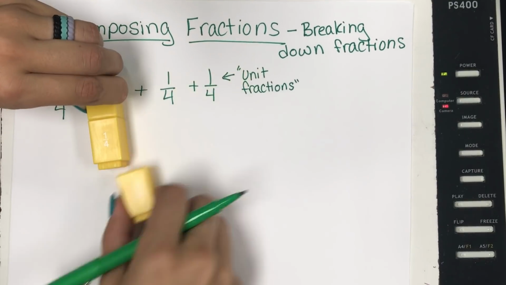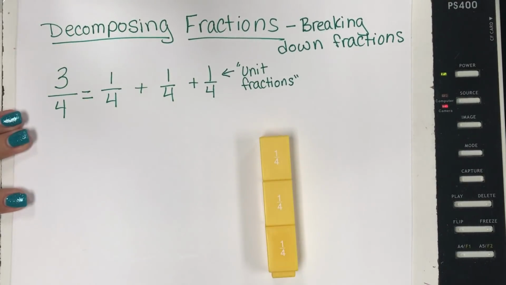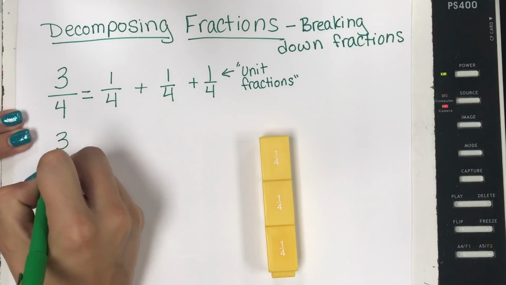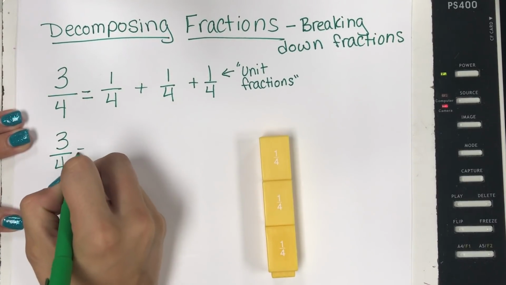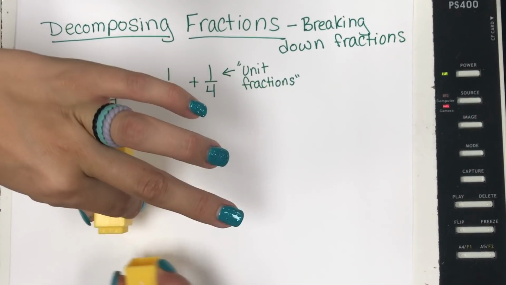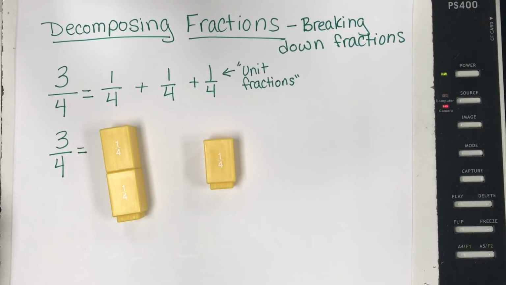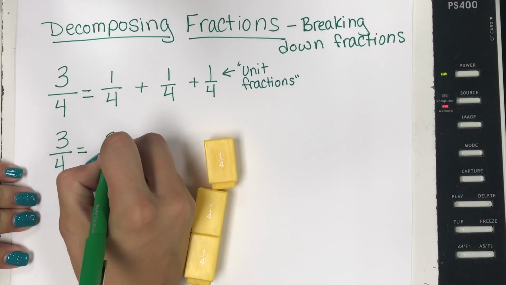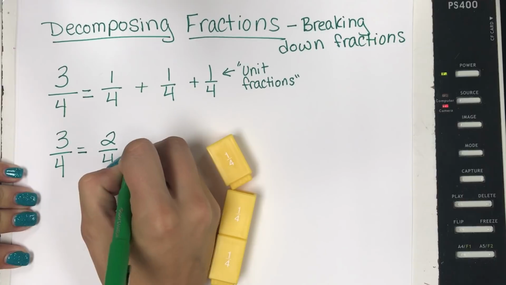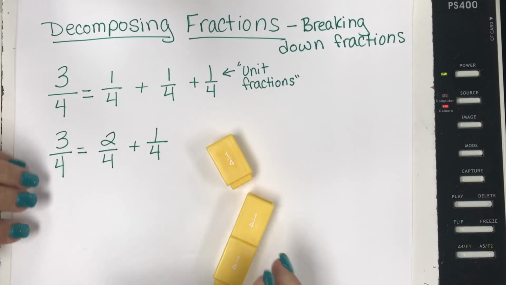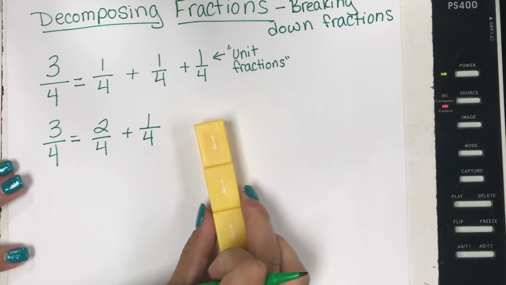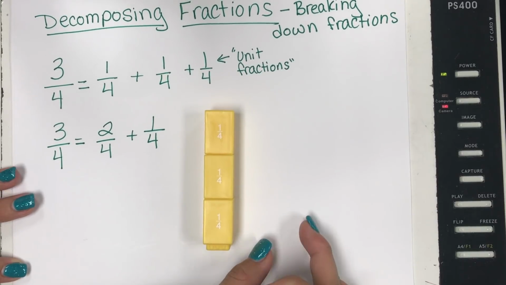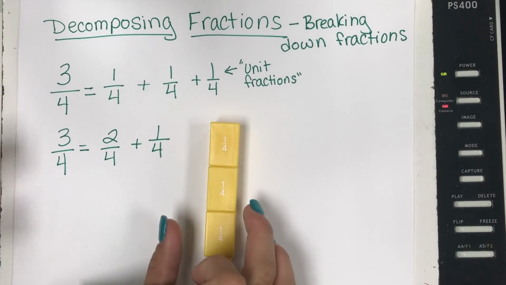Now, what if I take my 3/4, I'm going to keep the same fraction, and what if I break it into 2/4 plus 1/4? If I do that, do I still get 3/4 when I put them back together? Well, yeah.